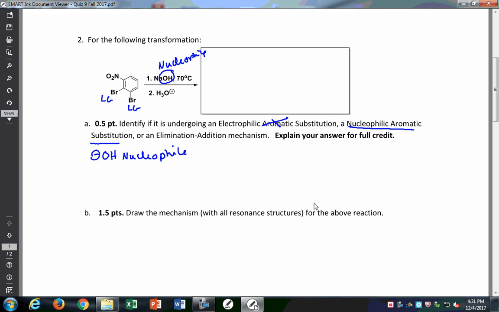So that's the leaving group where the reaction is going to occur. Even though the other bromine is going to be there, it's not going to go through that energy pathway.